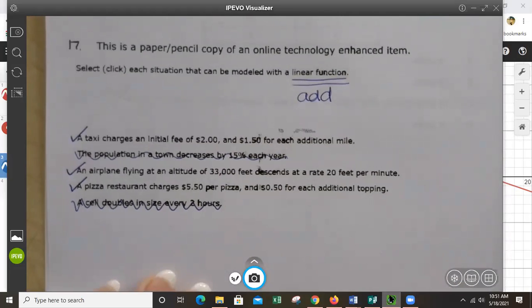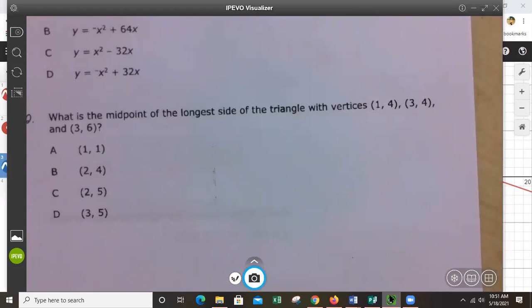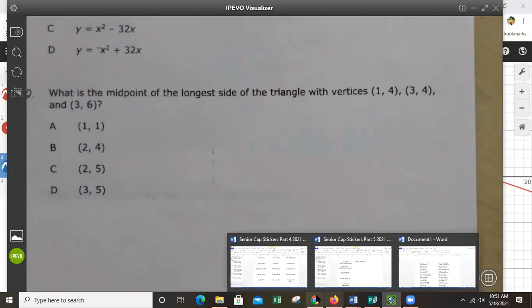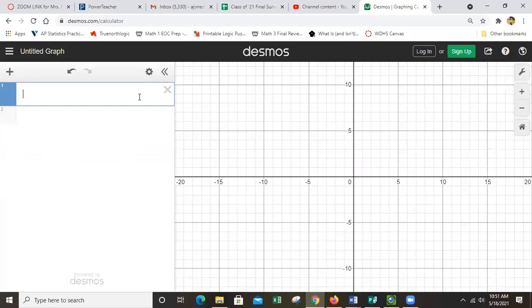All right, any questions on 17? All right, I'm gonna see if I can get this one on Desmos. I have to remember how to put it in. I think I have to put it just like I see it on the paper. That means just put the commas in.